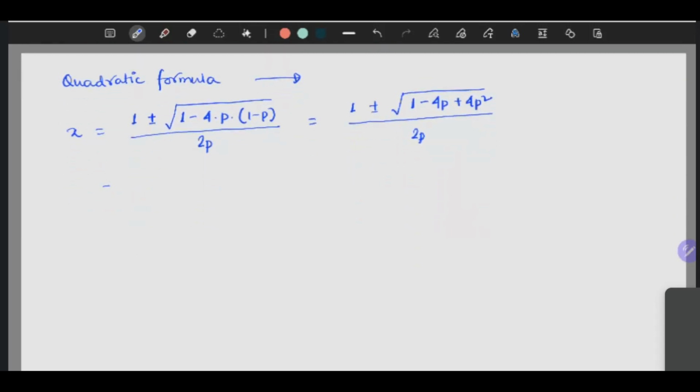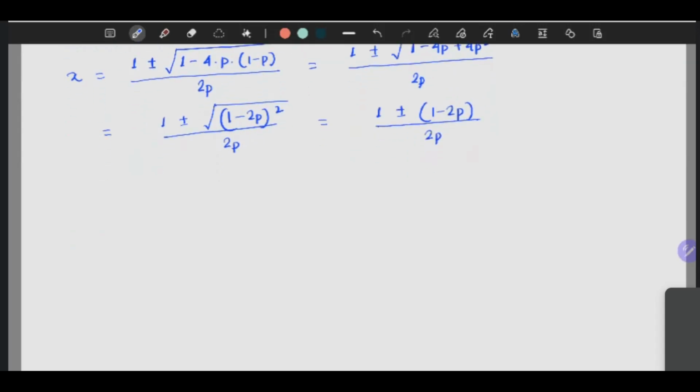Basically, you will get 1 plus minus root of (1 minus 2p) whole square by 2p, and you get it like this: 1 plus minus (1 minus 2p) by 2p.